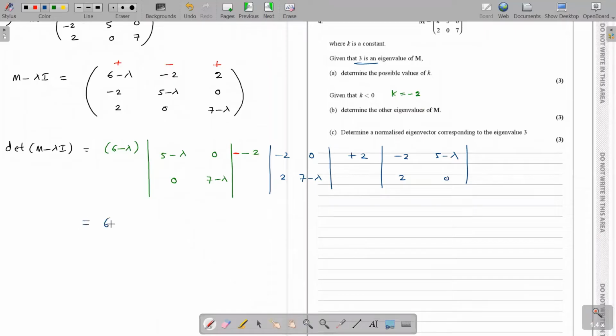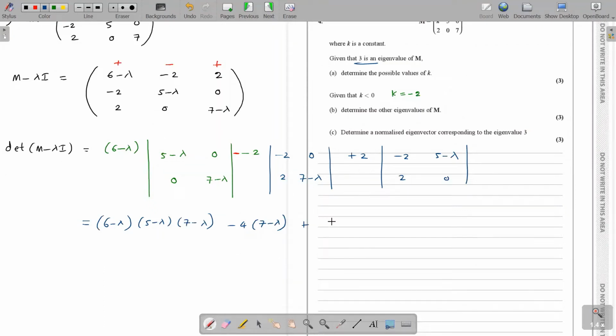So I get here 6 minus lambda into 5 minus lambda times 7 minus lambda. The other part is not needed because it's multiplied with 0, right? Over here I get plus 2 times minus 2 into 7 minus lambda. Plus 2 into minus 2 is minus 4, right? Because this part is again another 0, so no need to take that.